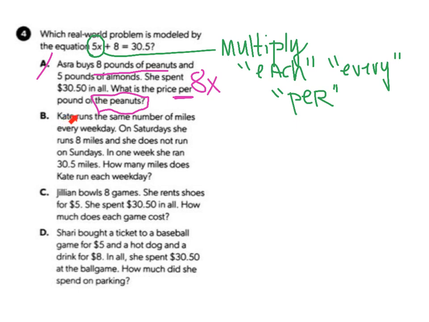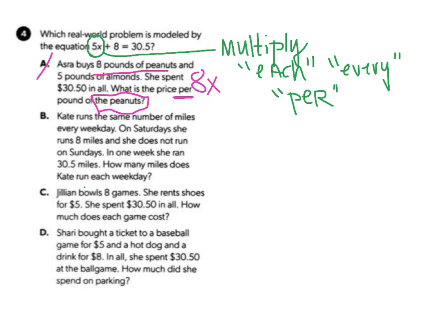Answer choice B, Kate runs the same number of miles every weekday. On Saturdays, she runs 8 miles. She does not run on Sunday. In 1 week, she ran 30.5 miles. How many miles does Kate run each weekday? So this question didn't have the digit 5 in it at all, but the clue is at the end.